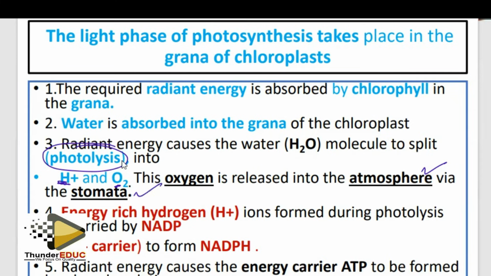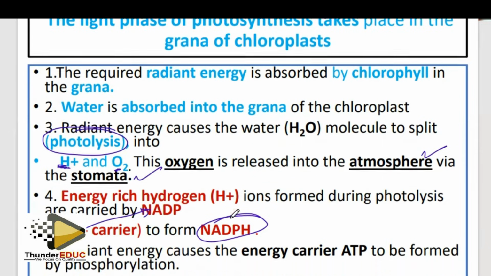So now the energy-rich hydrogen, or the energized hydrogen ion formed during photolysis, is carried by NADP, meaning it is attached to NADP and forms NADPH. So now it's the NADPH which moves to the dark phase.